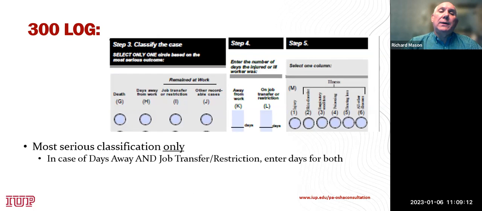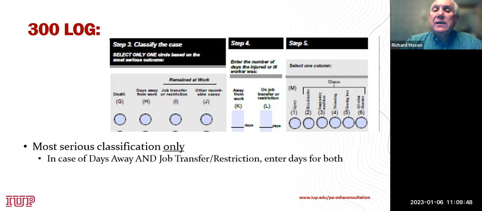Okay. Rest of the 300 log, another thing that we often see, you use the most serious classification only, especially in days away from the job and job transfers or restrictions. A lot of times we'll see a log where both days away has been checked and also job transfer, because both things happen. The employee was off for a while and then they came back but weren't able to do all the duties that they had been doing before the injury. So in that case, you only mark the days away, the more serious one.